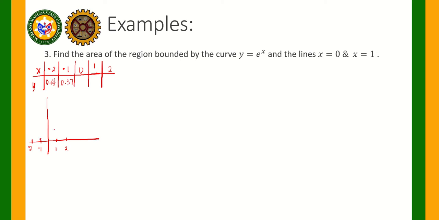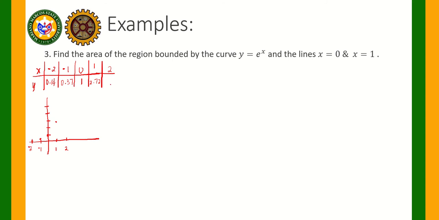When x is equal to 0, y is equal to 1, so that is our point. When x is equal to 1, y is equal to 2.72. If this is 2, 3, 4, 5, then 2.72 is approximately here.